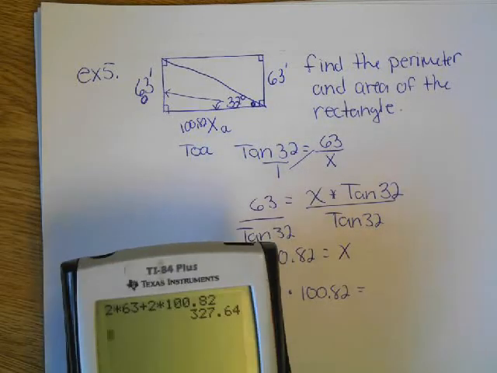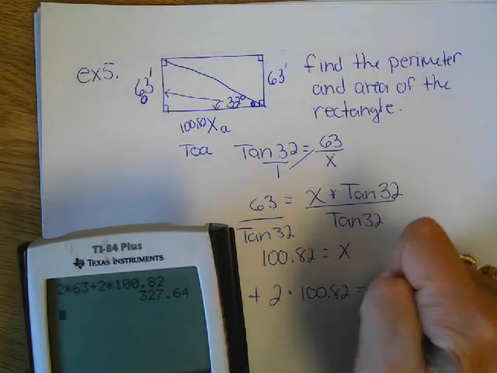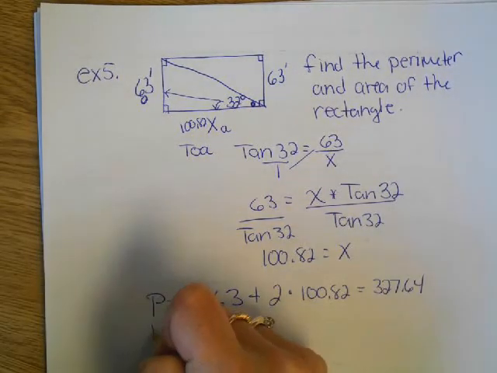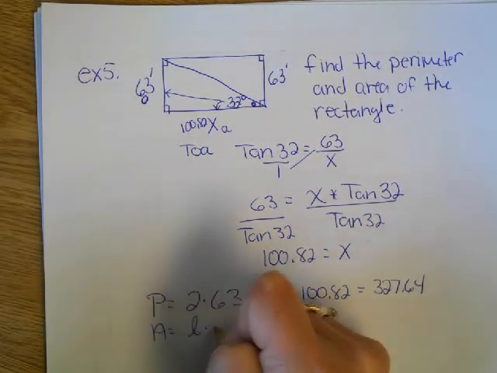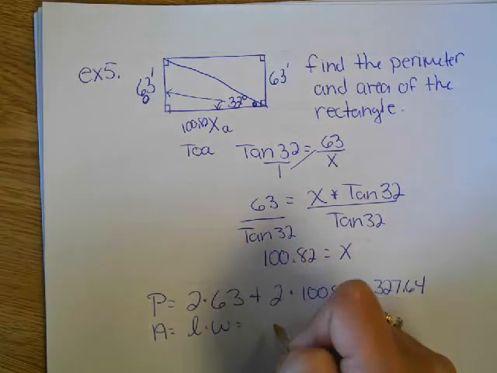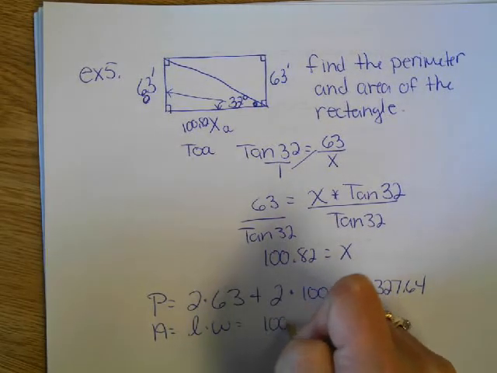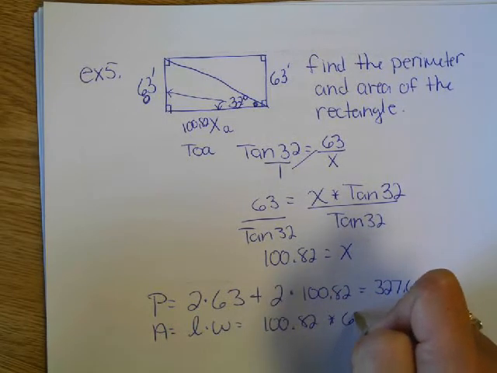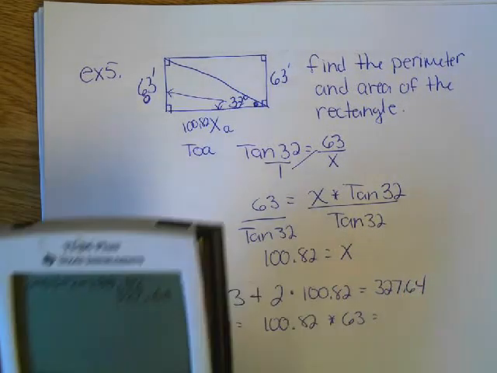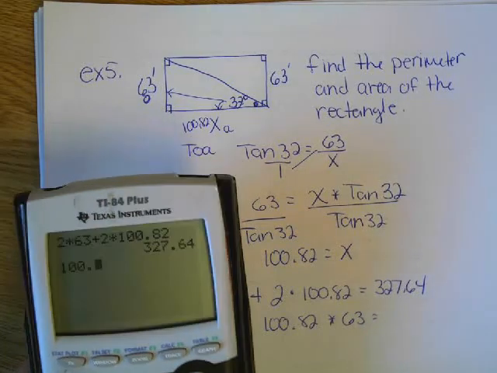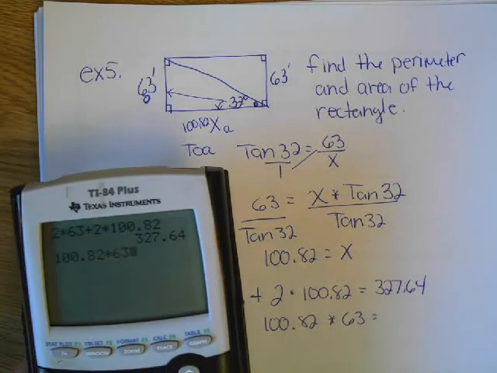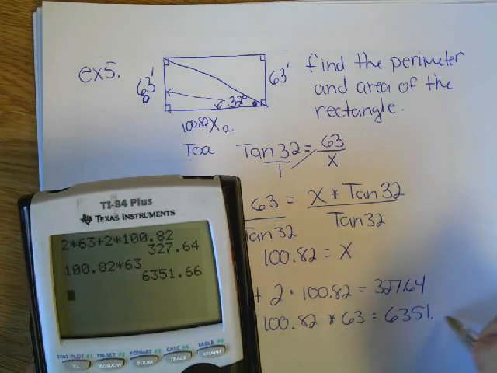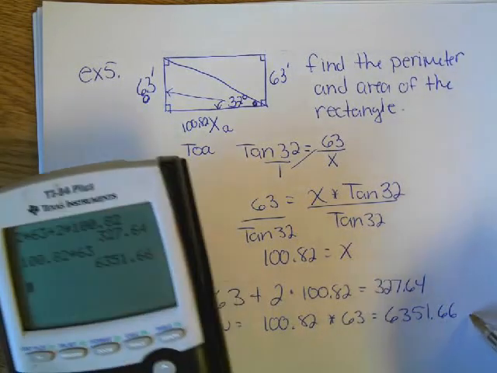Total perimeter is 327.64. And then the area of a rectangle, if you remember, is just length times width. So our length and width are 100.82 multiplied by 63. That gives 6,351.66 square feet.